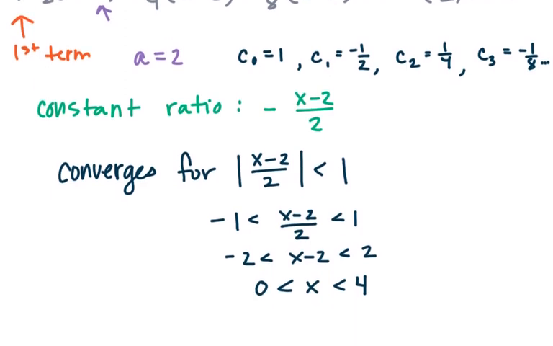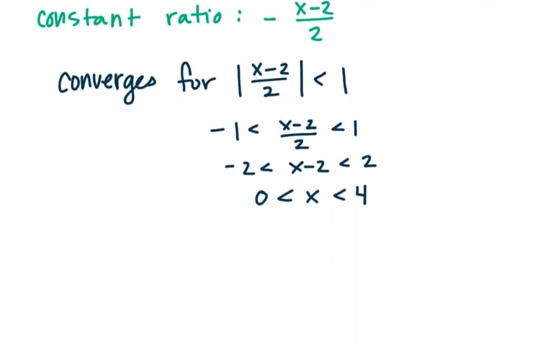And the sum of a convergent geometric series is always set up as that first term divided by 1 minus the constant ratio.